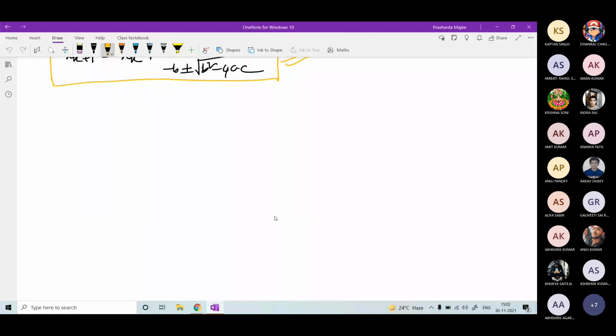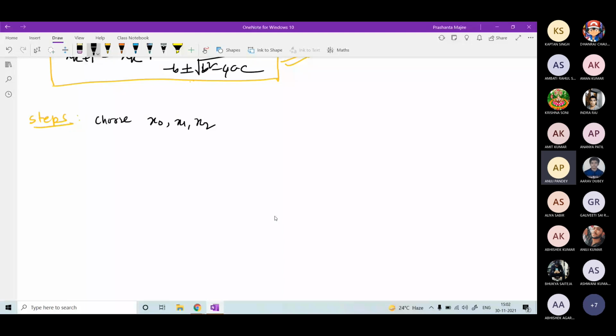The steps: we first choose how many initial guesses? Three. So choose three initial guesses x0, x1, x2. Then assume the parabola.